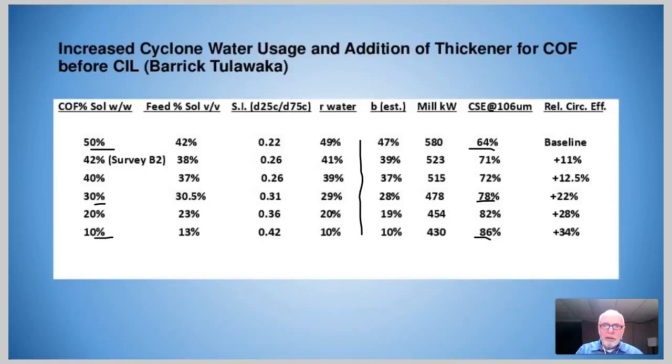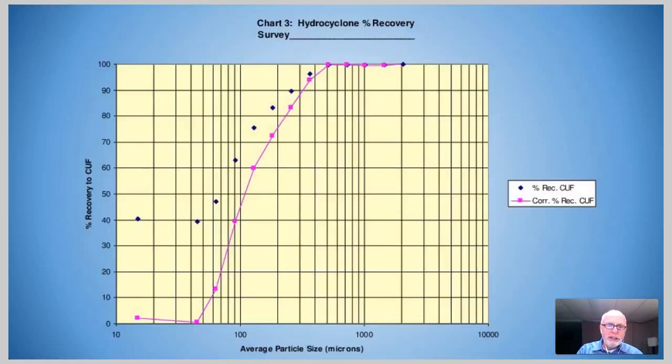so we've seen that the two really important factors for maximizing CSE are first, circulating load ratio, and then secondly, the water balance. Well, the third most important factor is the separation sharpness of the cyclone itself. And on this previous slide, we see the actual recoveries, again, the dark dots, and the reduced recoveries to underflow.